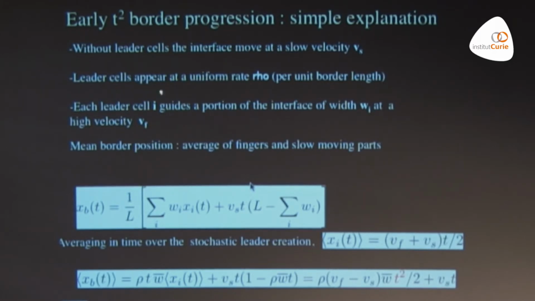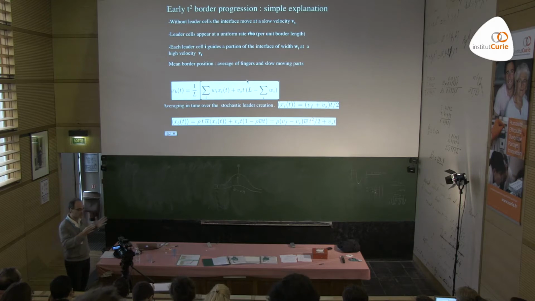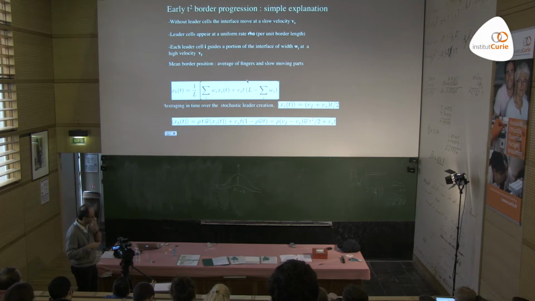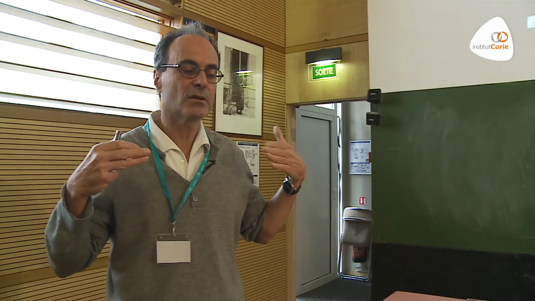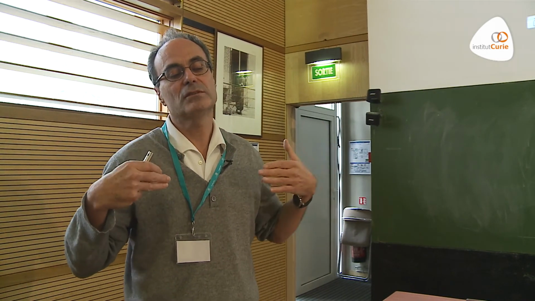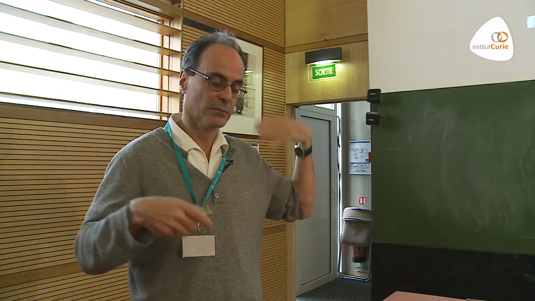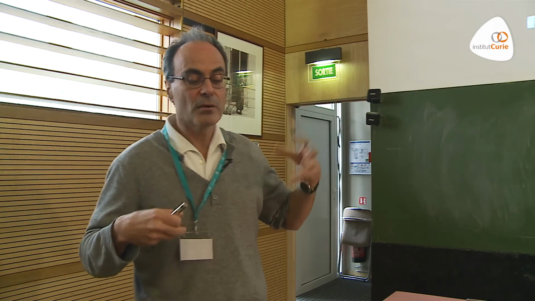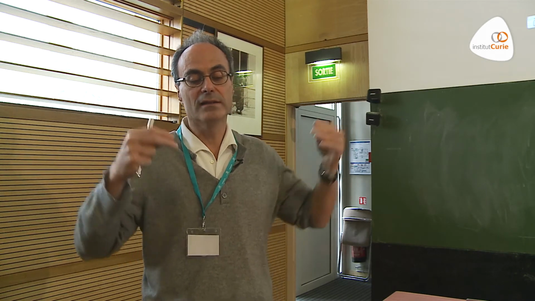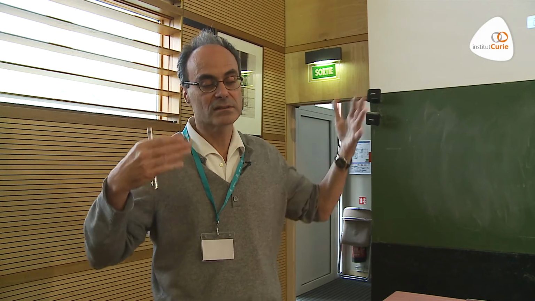This quadratic thing is that, okay, if you don't have a leader, the interface is moving with a slow velocity. And when you have a leader, then the cells move, and you have a chunk of interface that moves at a fast velocity. So if you had a fixed number of these chunks, then it would move at a linear velocity, which is given by the number of slow and fast parts of the interface, on average.